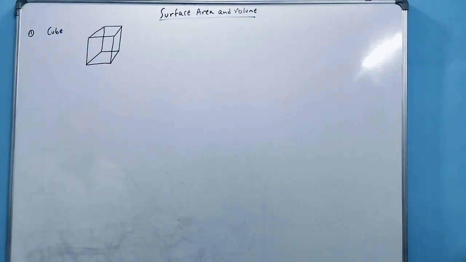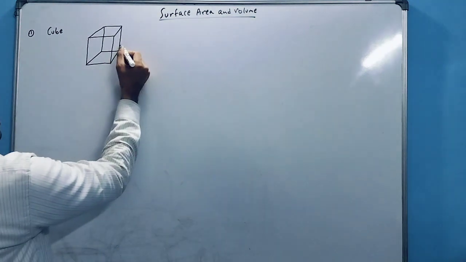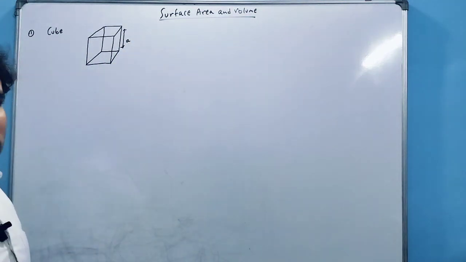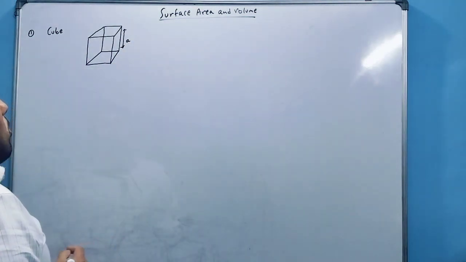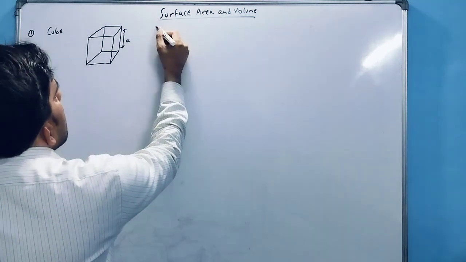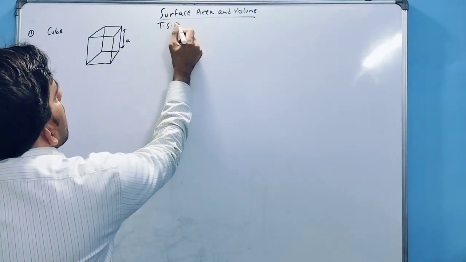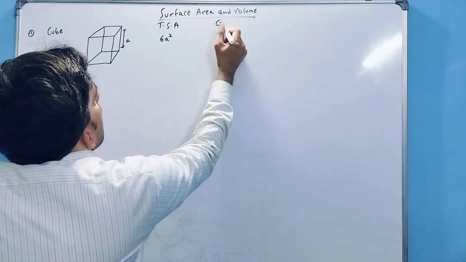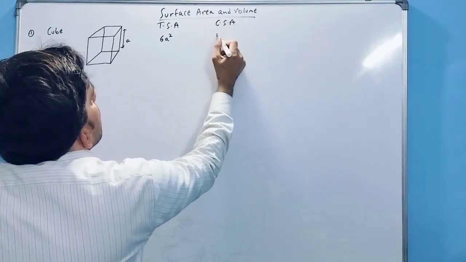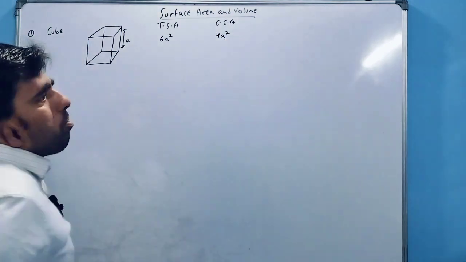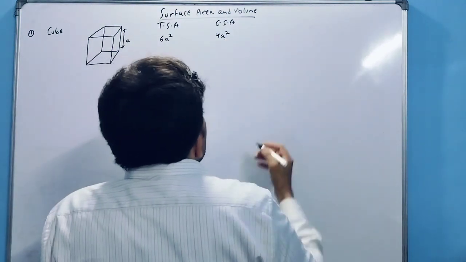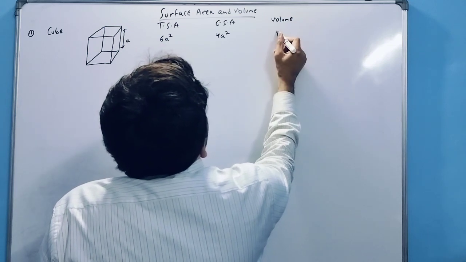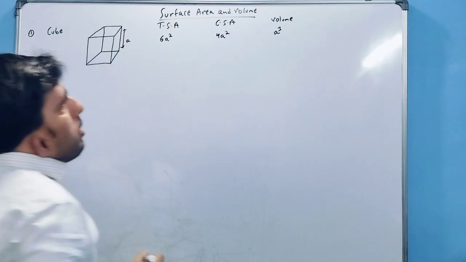So this is a cube, its edge will be a, let's take its side to be a. We'll find the formulas for this. Total surface area will be 6 a square, curved surface area will be 4 a square, and the volume will be side cube, that is a cube.